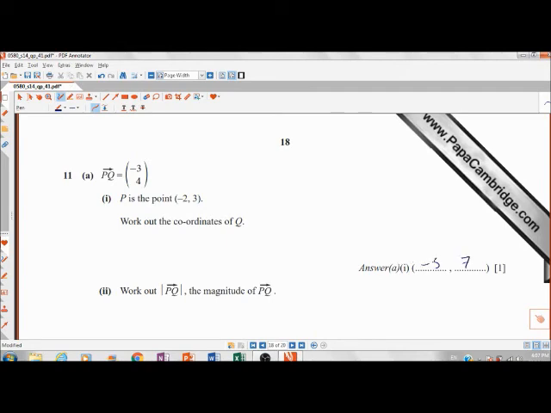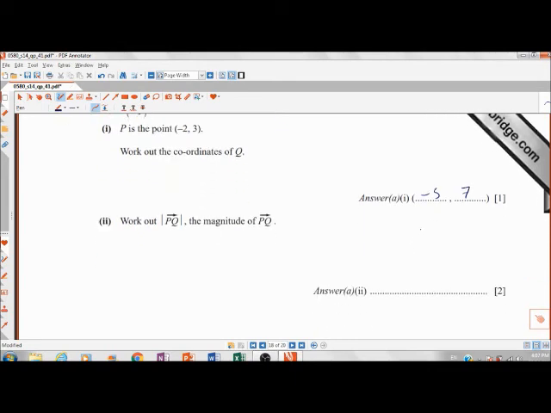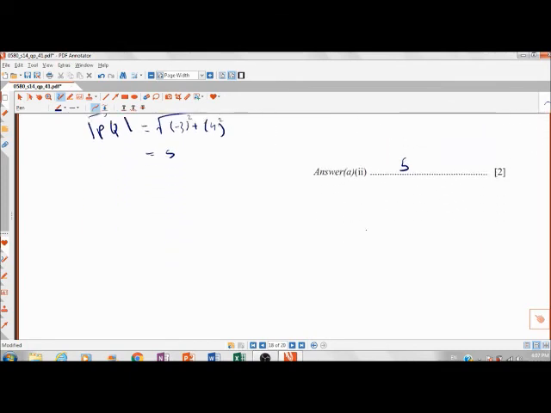Other one, negative 2 plus 4 is 2. Then work out the magnitude of PQ, so use the formula. It would equal the square root of minus 3 squared plus 4 squared. That would equal 5. This is the magnitude.